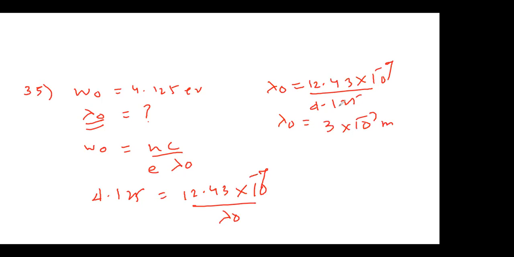4 3s are 12, 4 into 1 is 4. Let us see whether approximately 3000. Yes.